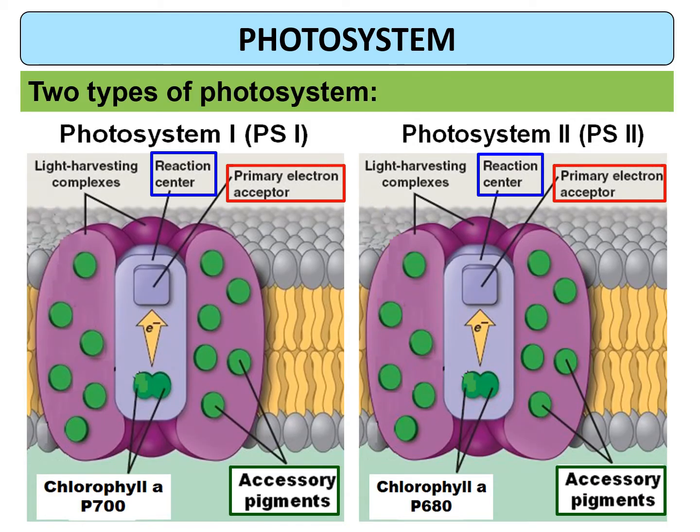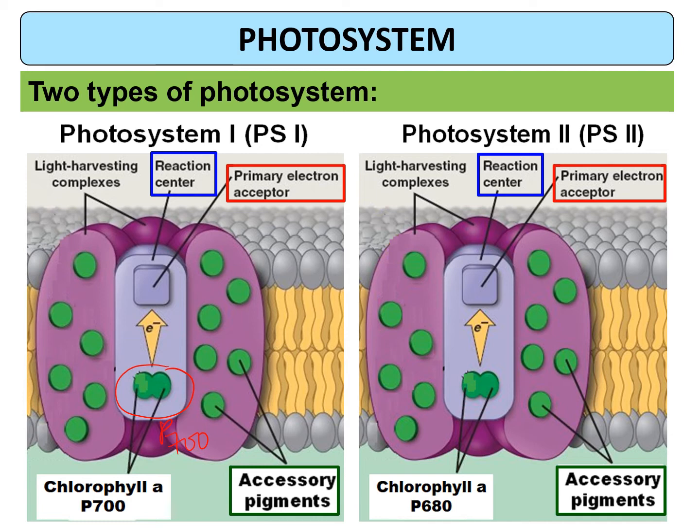There are two types of photosystem: first, photosystem 1, and then photosystem 2. Photosystem 1 contains chlorophyll A P700, which means this type of chlorophyll A absorbs light at a wavelength of 700 nanometers.